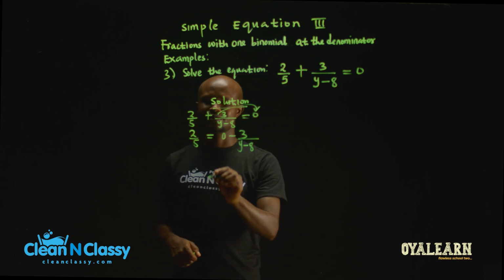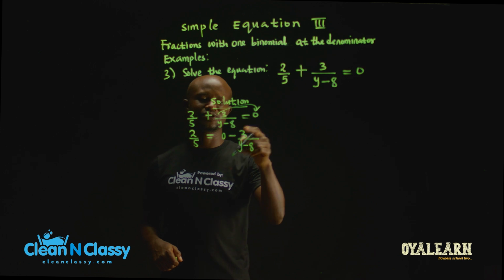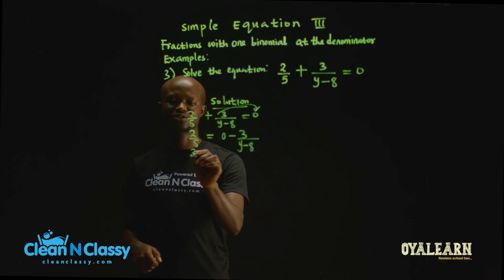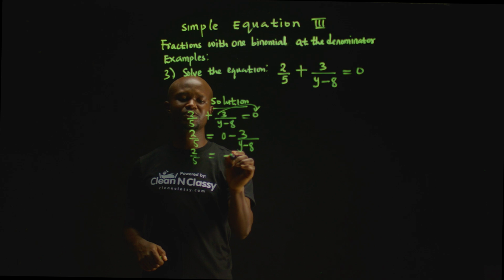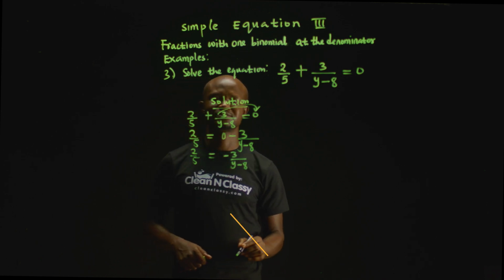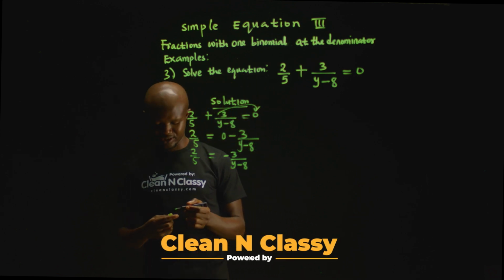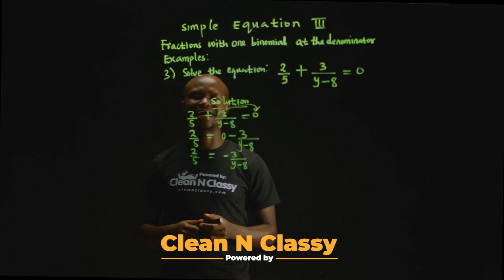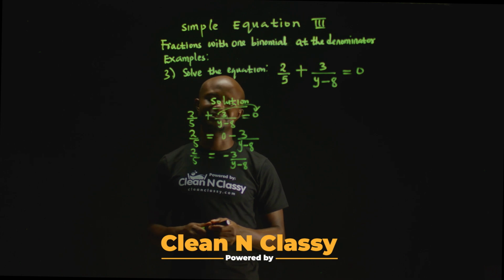Now, 0 minus the whole of this expression will give us what? We are going to have minus of 3 divided by y minus 8.